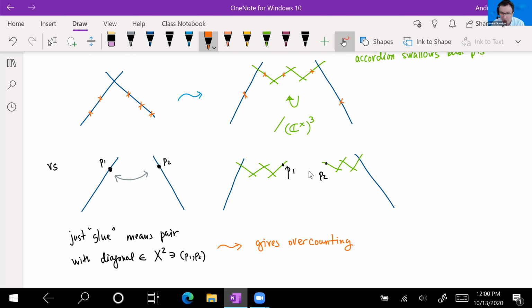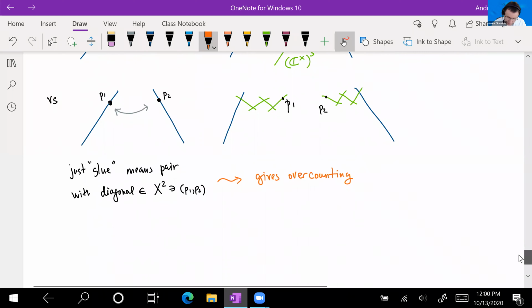So I have to make some extra choice, and if I just glue the two coordinates, I'll be overcounting geometric objects. The way to deal with this is a general thing: we don't pair with the diagonal, we pair with the, so I'll just state the answer. You can think about it and I'll read about it.